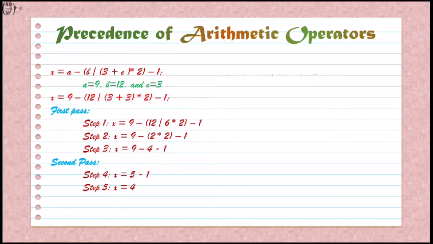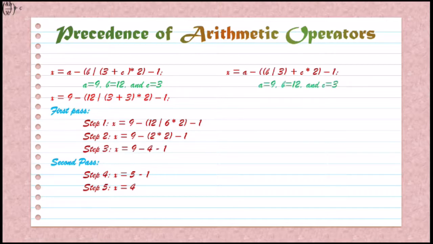Now we will see another example, the same example with different parentheses. A minus, then double bracket open, then B divided by 3, close the innermost bracket, then plus C into 2, and then finally close the outer bracket, and then minus 1.